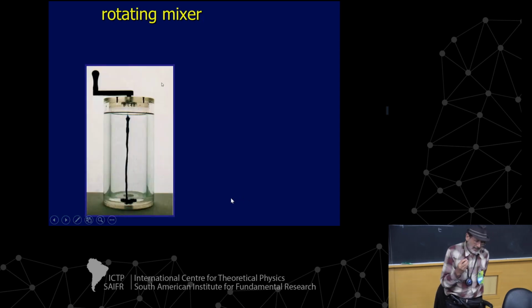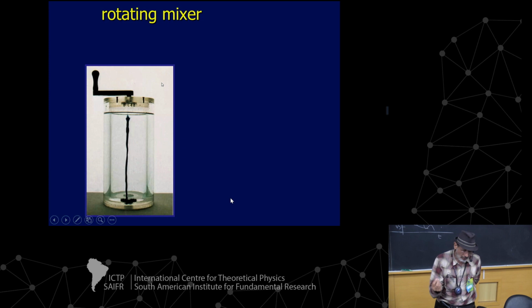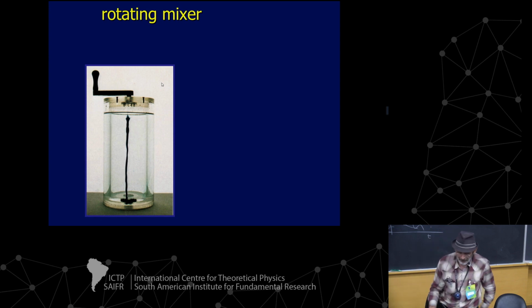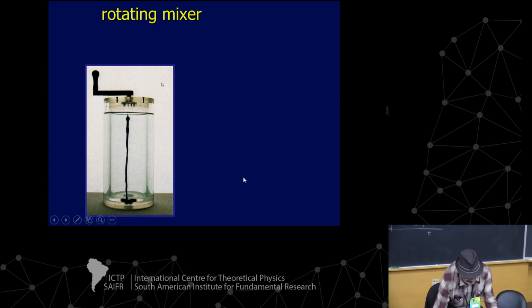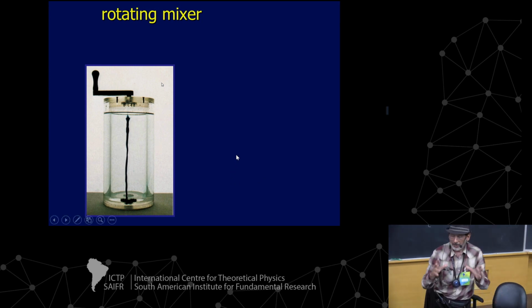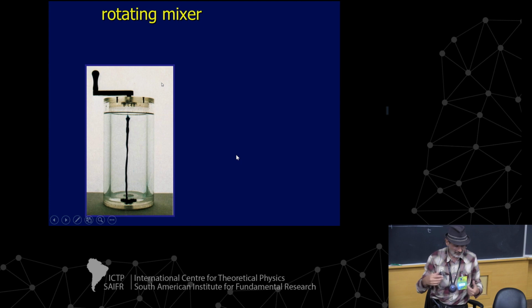For me, the role of the many-body interactions is like in a mixer. I learned of this when I was a student from a Scientific American article. It was an experiment that Erwin Hahn used to do in Berkeley for his students. It is the rotating mixer. You have two cylinders of glass.